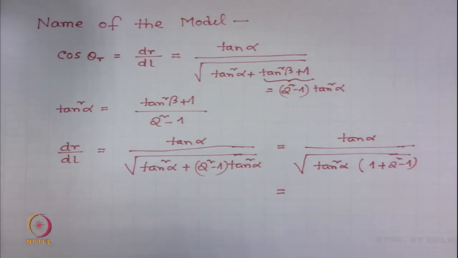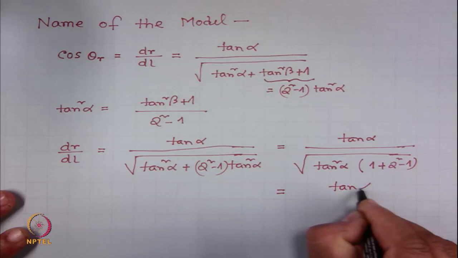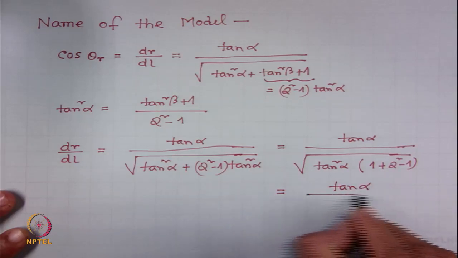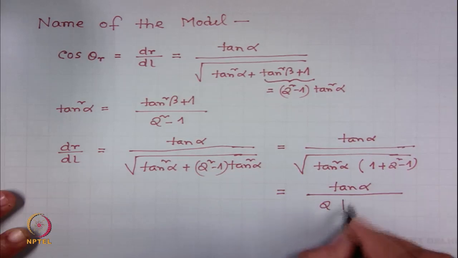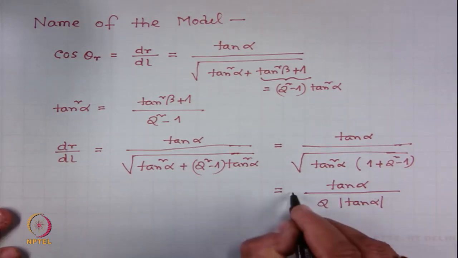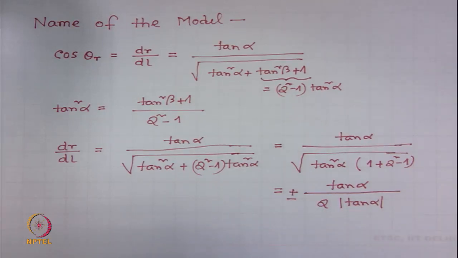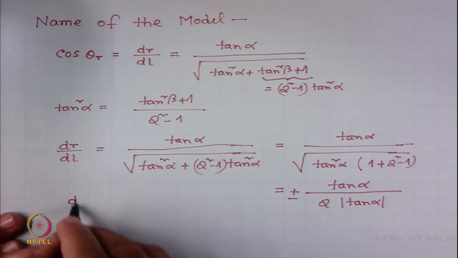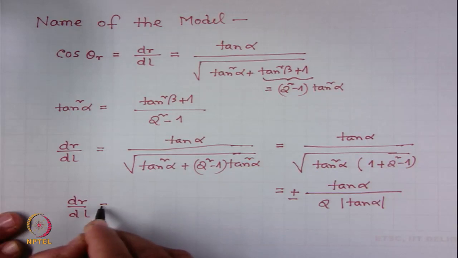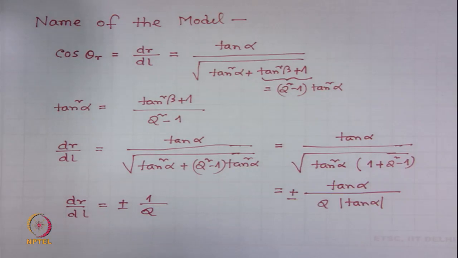So, we will get tan alpha by q tan alpha. So, dr by dl is equal to plus minus 1 by q.